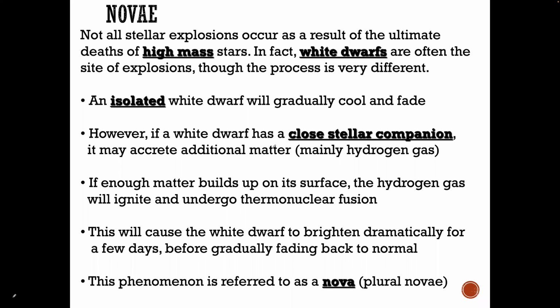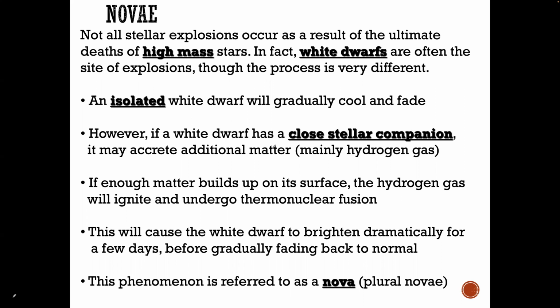Mainly this will be the hydrogen gas in the companion star, because the companion star should be a normal star, so mostly you have hydrogen. This hydrogen material will be attracted towards the white dwarf, right?